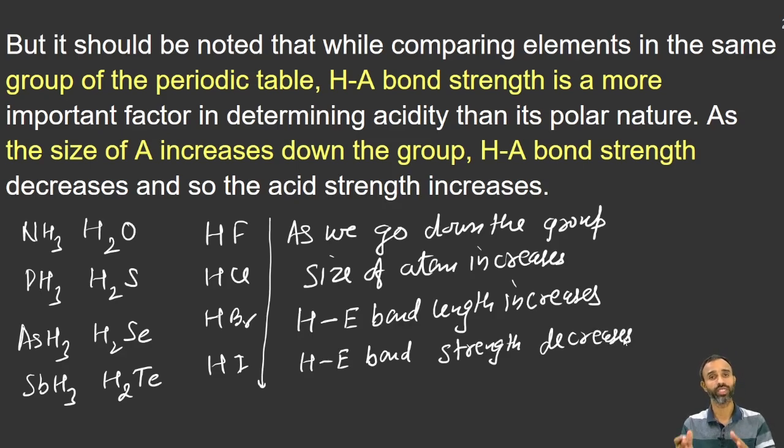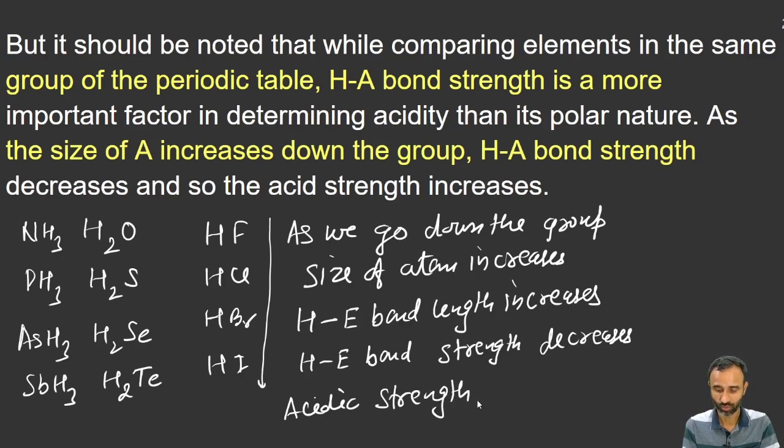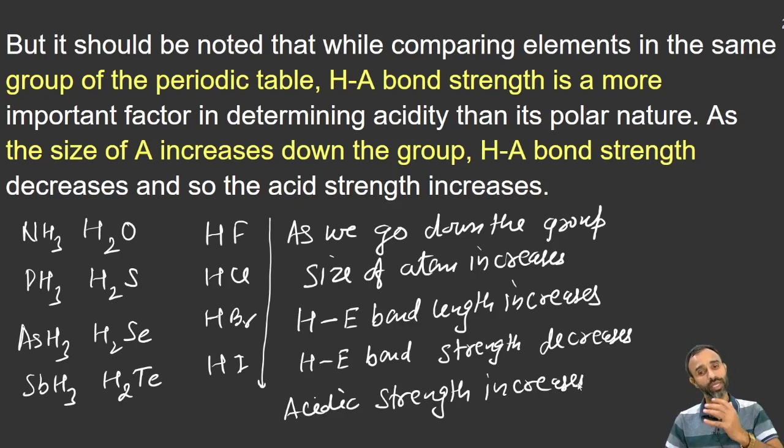So it is easier to remove H plus ion because energy required to break the bond is less now, and therefore acidic strength increases. So keep in mind, as we go down the group, acidic strength increases among hydrides. Hydrides means there are only two atoms, hydrogen and other atom.